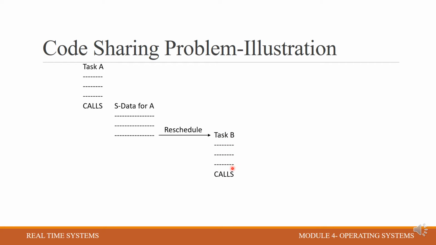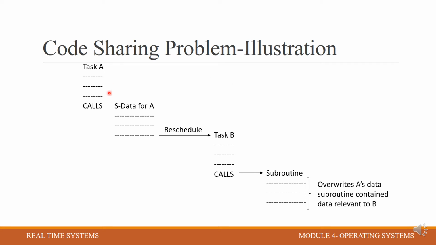Now task B starts executing and calls the same subroutine S that was used by task A. We should remember that this rescheduling has happened while S was executing. It has not completed its execution. However, now a task B event has occurred and it is executing.